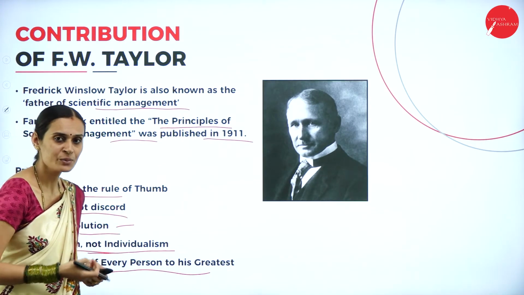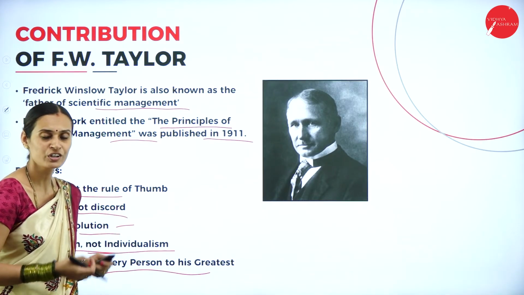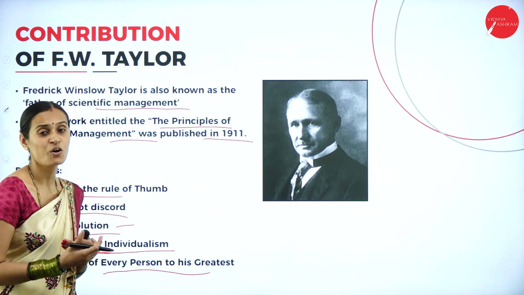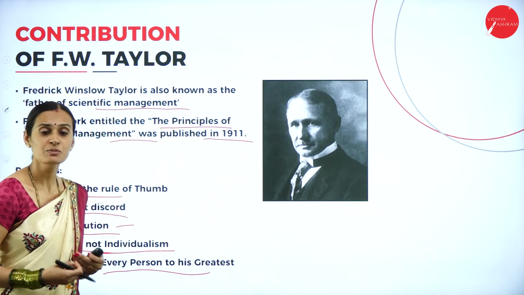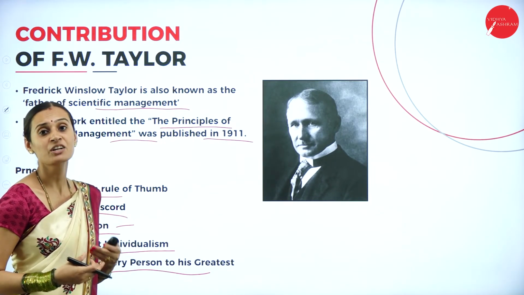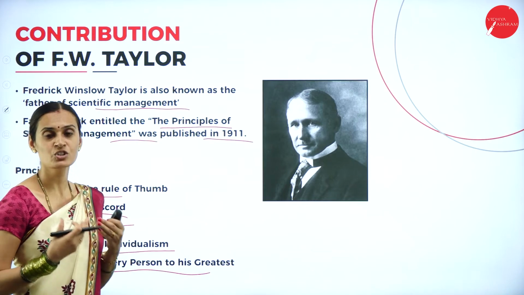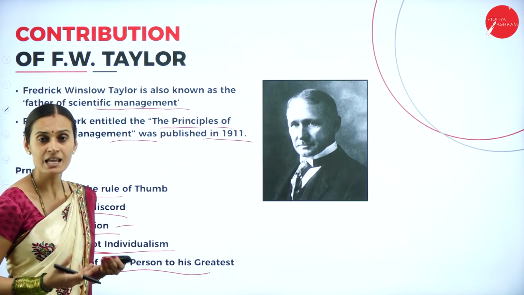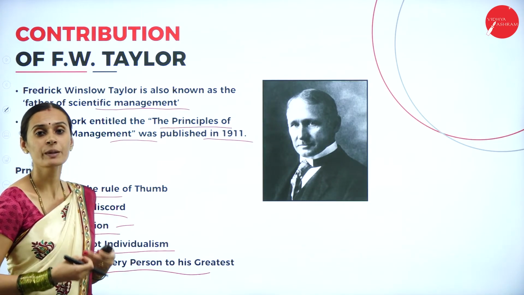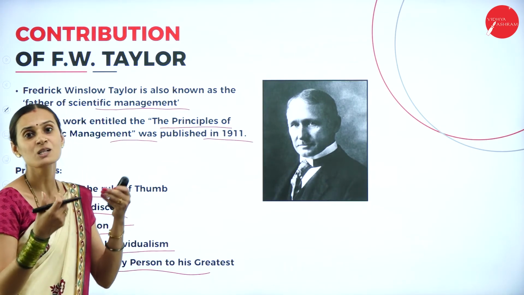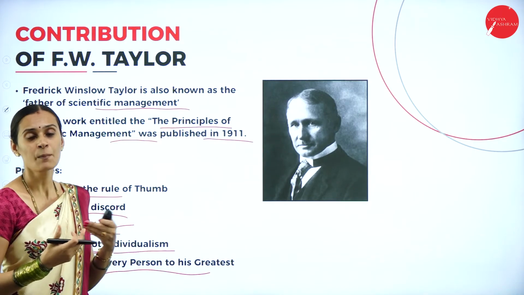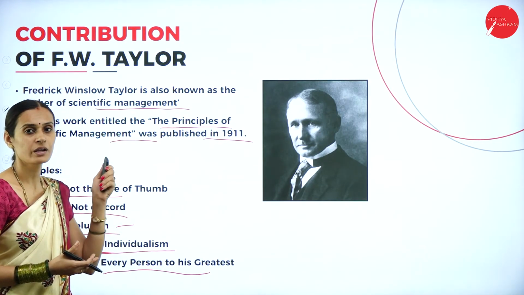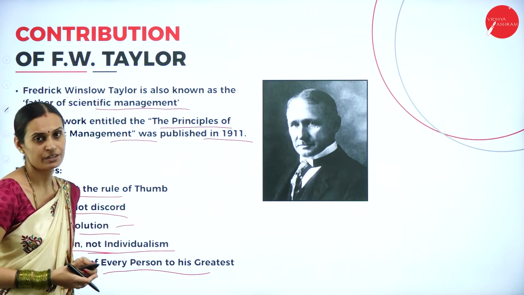The effectiveness of the company or organization depends upon the skills and abilities of employees. It is built by technology and training, providing the best training system and opportunities to apply skills and knowledge, which helps improve efficiency as well as the individual. So these are the different principles of F.W. Taylor's theory.